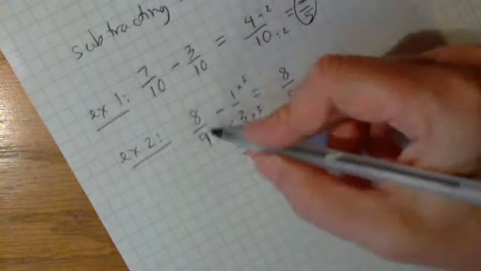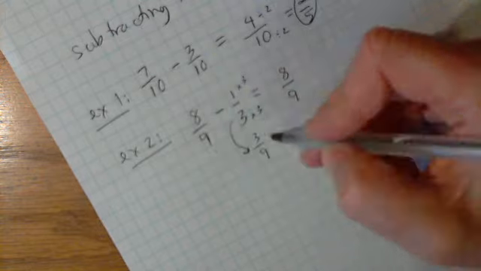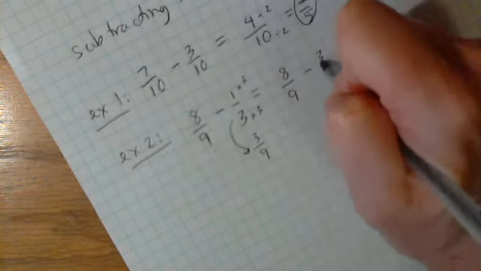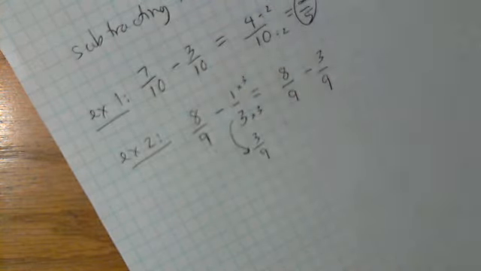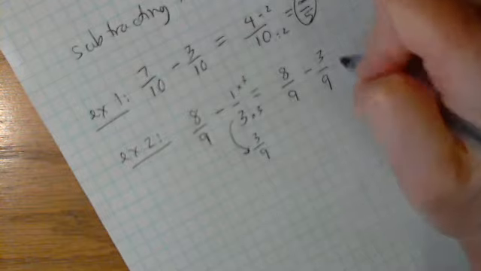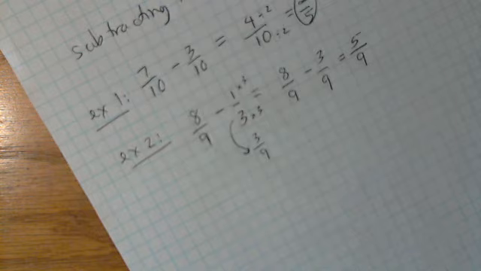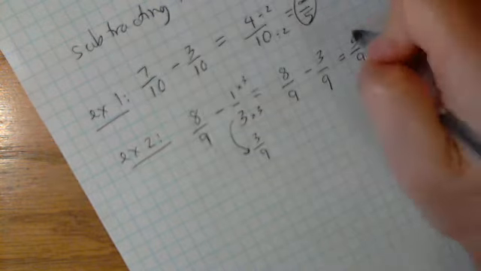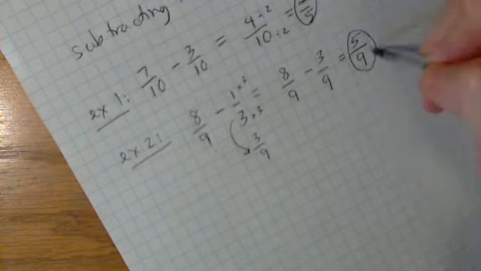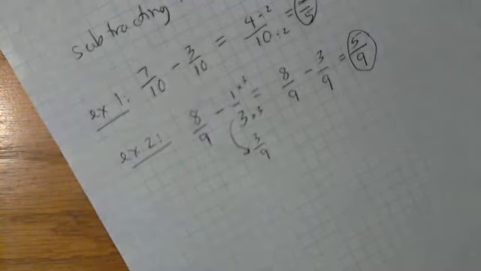So what I'm subtracting then is 8/9 minus 3/9. Again, I subtract the numerators, but I do not do anything with the denominators. I just keep it the same. 8 minus 3 is 5. 5/9 is as simple as possible because there's no number that goes into both 5 and 9.